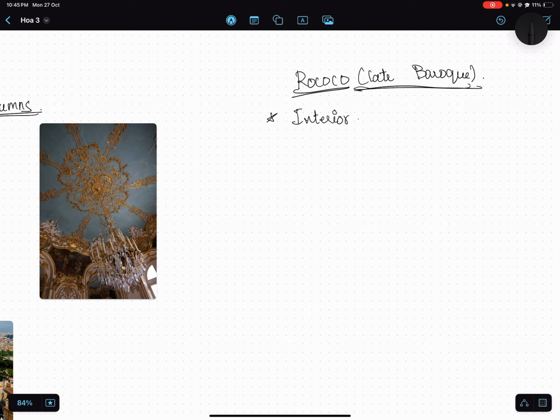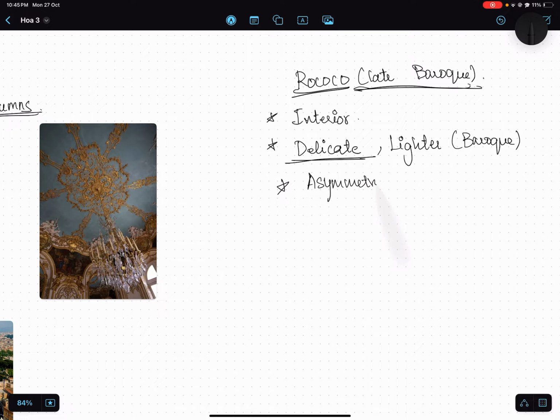They were a lot more delicate, more lighter compared to Baroque. They still had asymmetrical planning, but they also used a lot of curves like Baroque. They used C-shaped curves and S-shaped curves.